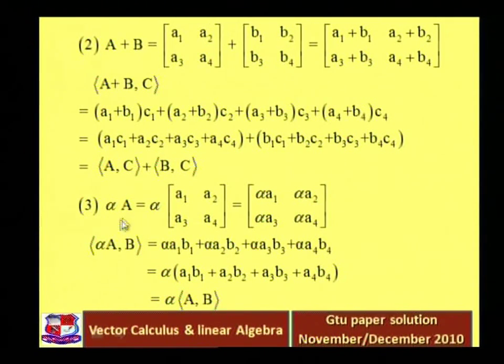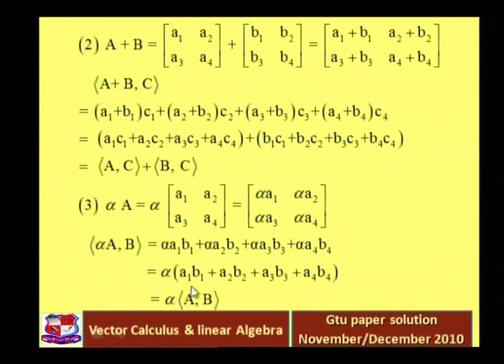Okay, now alpha into A is equal to alpha A1 A2 A3 A4, that is equal to alpha A1, alpha A2, alpha A3, alpha A4. Now inner product alpha A with B is equal to alpha A1 B1 plus alpha A2 B2 plus alpha A3 B3 plus alpha A4 B4.